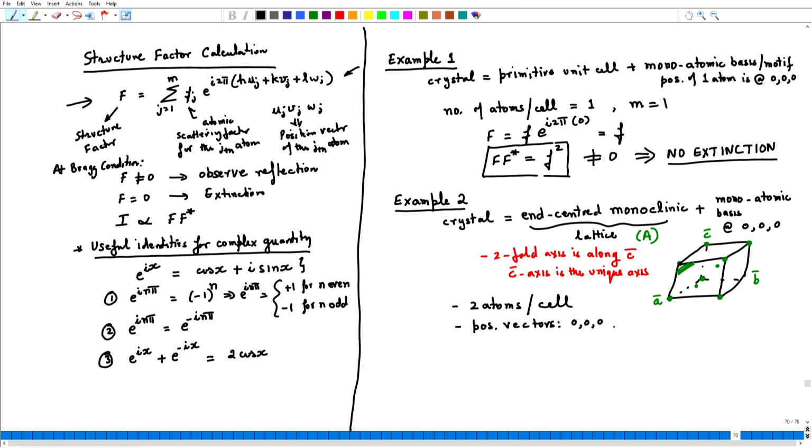Essentially all I have to do is add up the coordinates present in the basis. So, 0, 0, 0 I add up to the lattice point sitting at 0, 0, 0, and the second one will be sitting at the end centered, which is B by 2, C by 2, which implies that the second atom coordinates are 0, half, half.